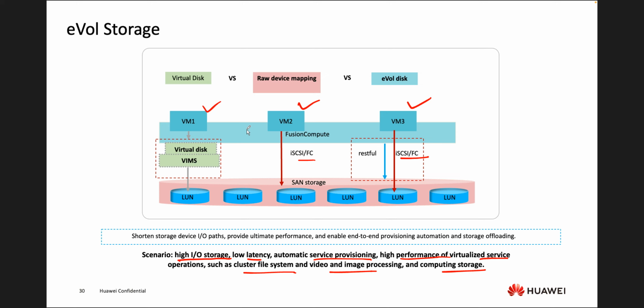You either use the virtual disk if you're just going to use virtual machines, but if you want high performance and low latency, you would go with iSCSI or Fibre Channel because you attach directly to the storage. So this is how we look at eVolume storage. It gives you different operations, such as VM disk provisioning, but it doesn't use VIMs, the virtualization part.